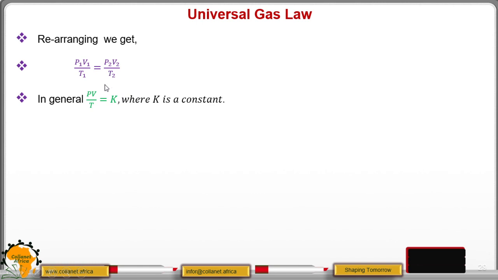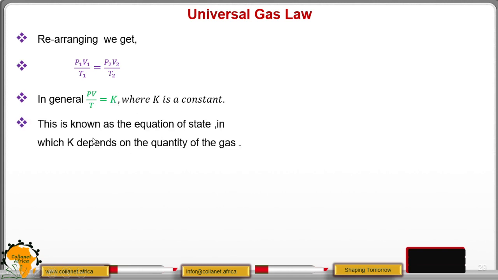Now this equation shows that PV over T is equal to a constant, which we call K. And this is what we call the equation of state. K depends on the quantity of the gas.